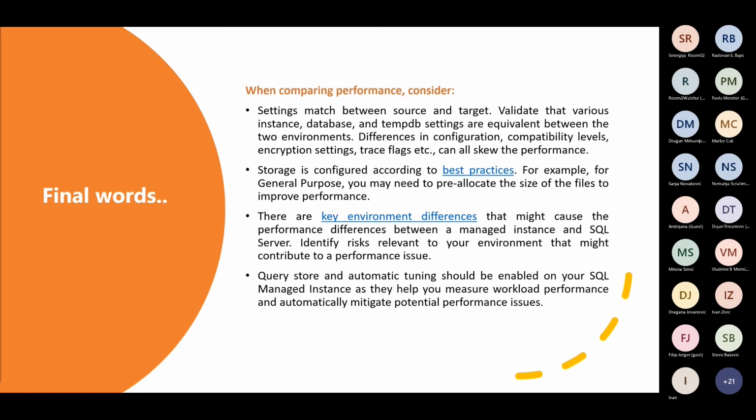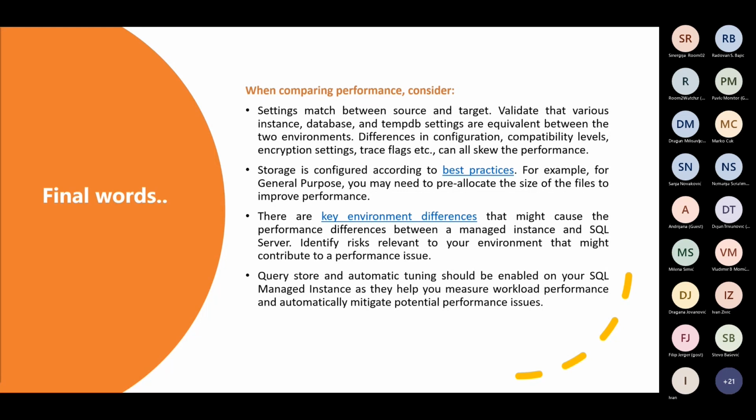Okay, with this, I'll be closing this presentation. My final words are just to consider the following when comparing performance. Settings should match between source and target. Storage in GP should be configured according to best practices.